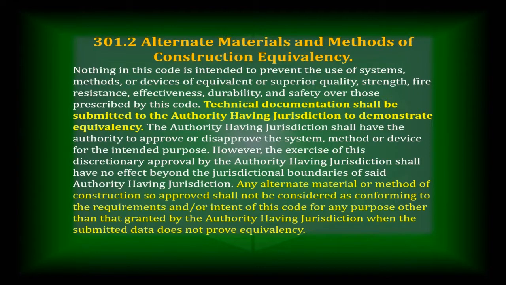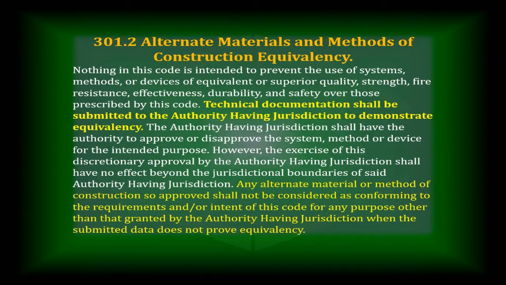Nothing in this code is intended to prevent the use of systems, methods, or devices of equivalent or superior quality, strength, fire resistance, effectiveness, durability, and safety over those prescribed by this code. Technical documentation shall, that's a command, be submitted to the authority having jurisdiction to demonstrate equivalency.